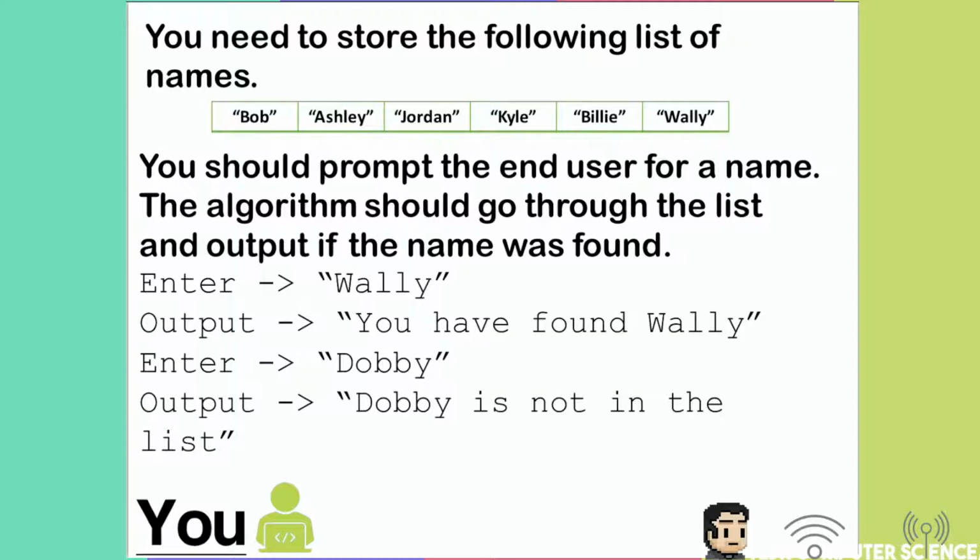If you put in, say, Wally, it will be found. But if you put in Dobby, it will say it's not in the list. So there's a little challenge for you. I'll leave that there for you. In fact, it's on your assignment, on the questions down there.